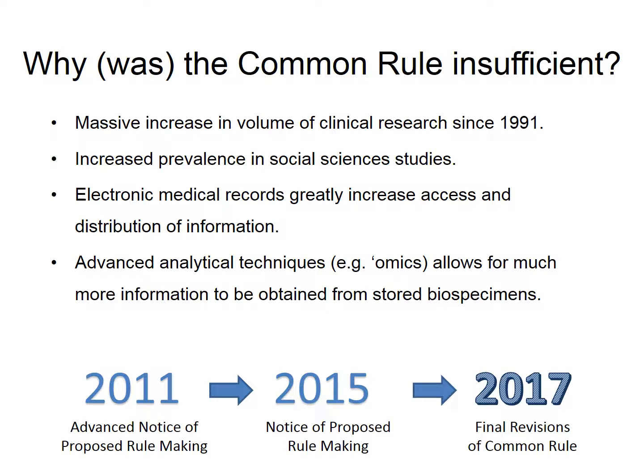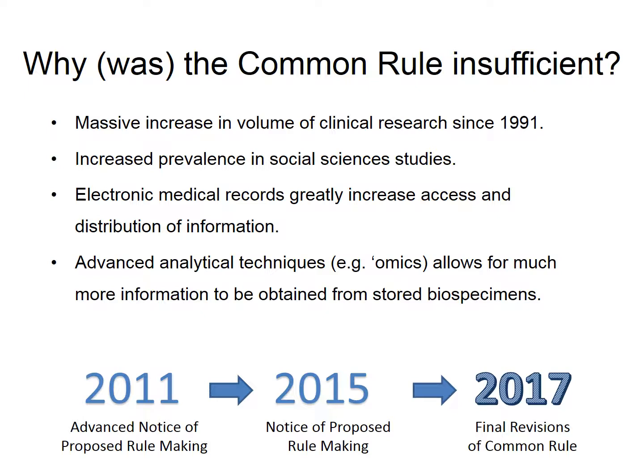So the first question, of course, is what about the Common Rule as it was instituted in 1991 makes it insufficient for today? There's been a massive increase in the volume of clinical research since 1991, and also in the complexity of this research. It's made certain aspects of the Common Rule cumbersome as it tries to deal with this increased volume. There's also increased prevalence of social science studies in human research, and much of the Common Rule is tailored more for medical research, so some of the oversight is not as compatible with the social science aspects.